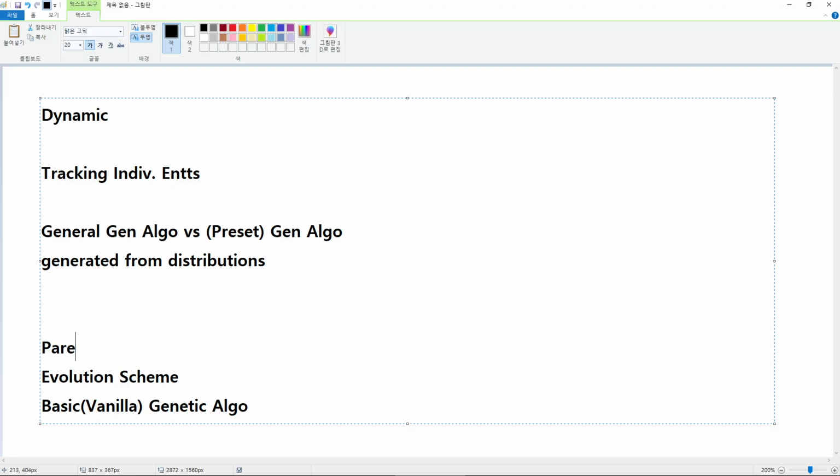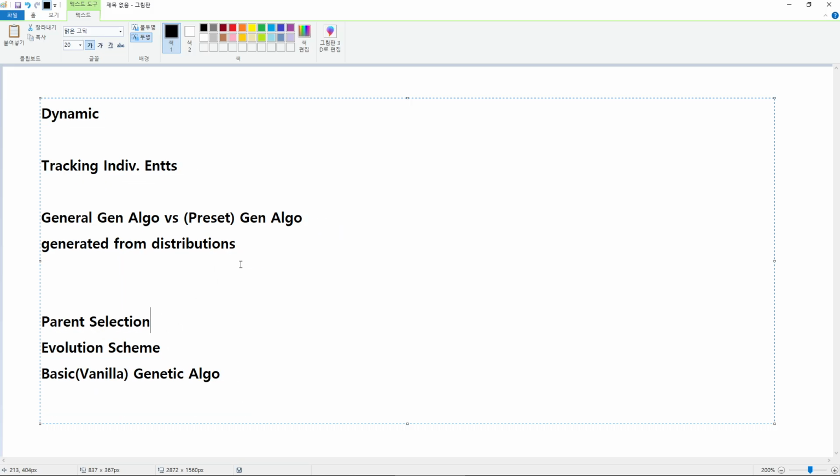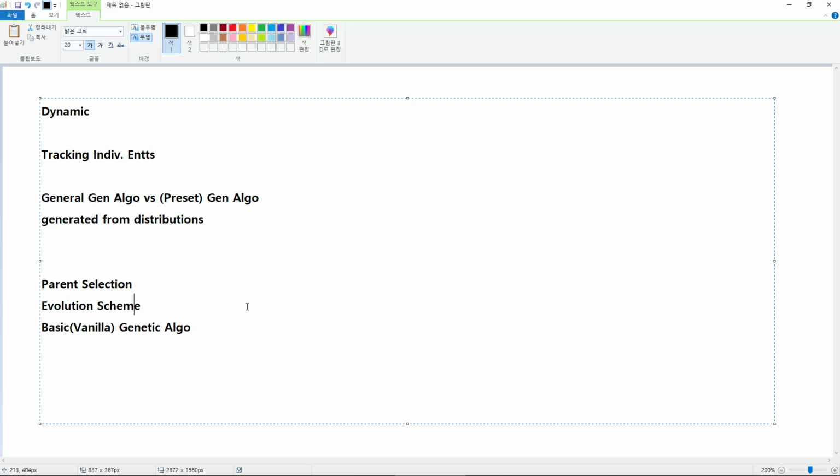Parent selection, max constraints, and max constraint percentage, CSTRNT percentage, and well, so many other things.